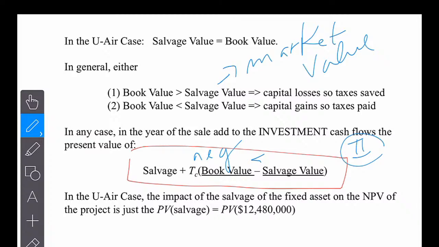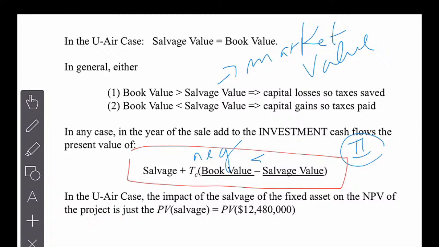Got it? You pay taxes on that difference. So if they're the same, there's no extra portion here. Okay, so if they're the same, there's no extra.